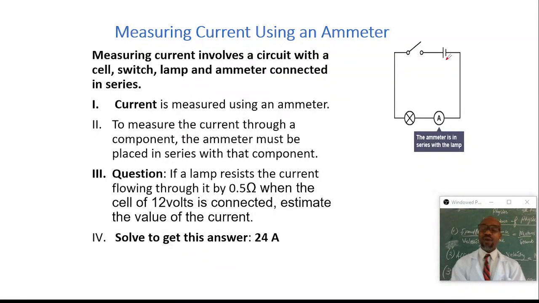So how is it measured? Very simple. To measure currents in an electric circuit, the ammeter is connected in series with the lamp.